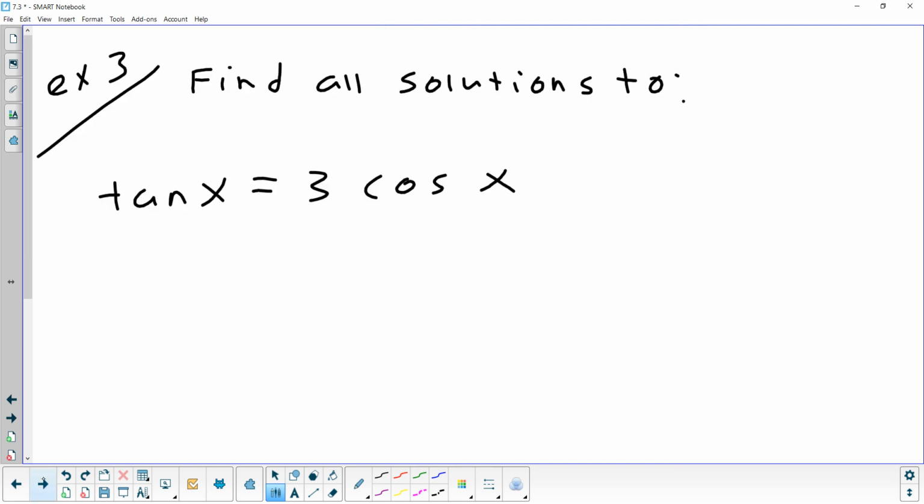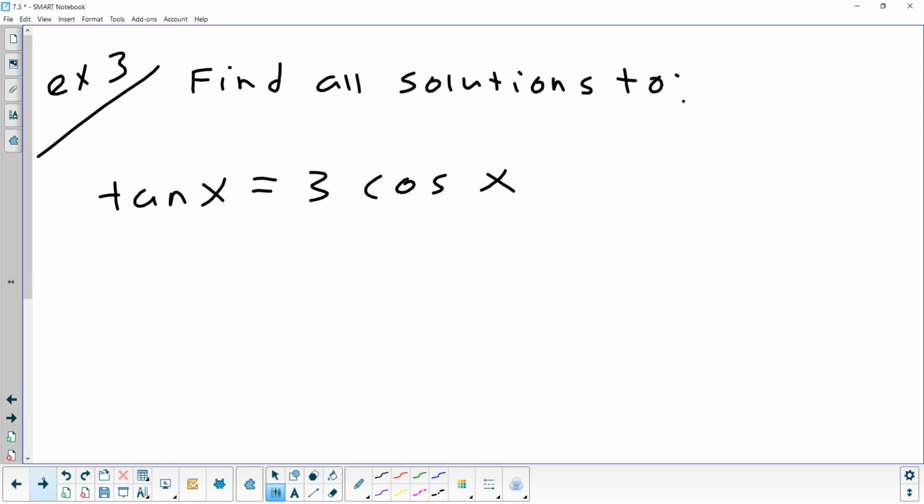Okay. Let's try this one. What do we need to do here to get this problem set up more like the last one? We could solve it this way, but I'd rather solve it the way we did the last one, which means we need to do what?